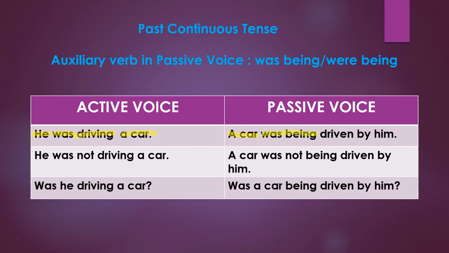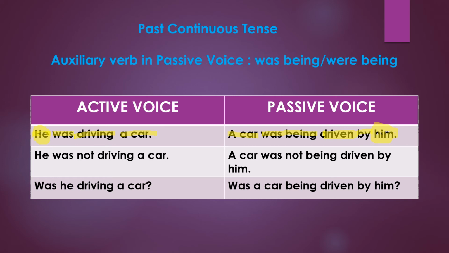Was being is the auxiliary verb we need to use in passive voice. And the same third form, participle form of main verb drive becomes driven, by, and then he. The pronoun he changes into him in passive voice.